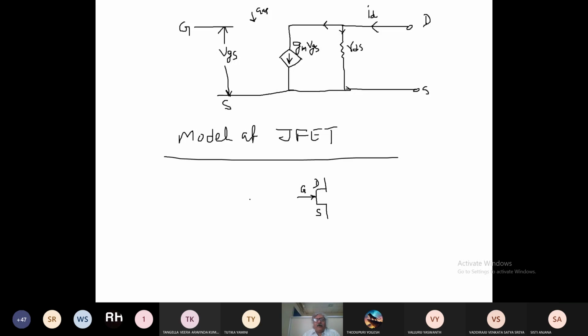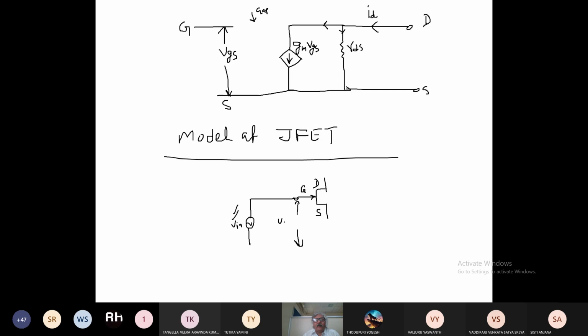But externally we have connected to this model one V in. We have connected here one V in, and we have connected some resistor R D and some load resistance. Since the resistance between gate and source is very high, whatever V in you apply is available here.